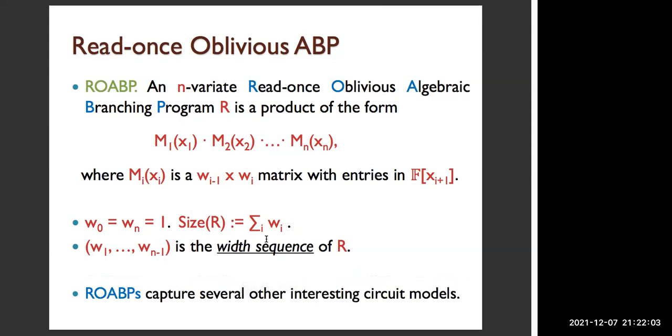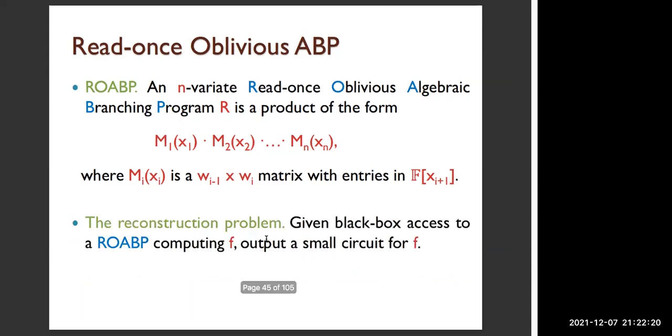Also, this model captures several other interesting models, not just depth-three powering circuits. There are pure formulas, there are non-commutative models, and there are set-multilinear ABPs, and ROABPs are very closely related to several other interesting models. So it makes sense to study them.